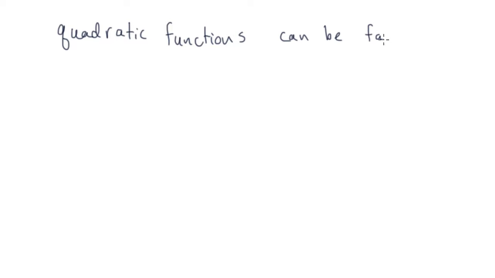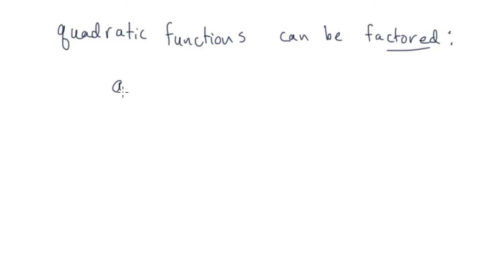Now there are also some special cases that can occur with quadratic functions. Quadratic functions, and actually in general polynomial functions, can be factored. And this is oftentimes a better way to find the zeros. The quadratic formula is always going to work, but in some cases we can factor the quadratic.